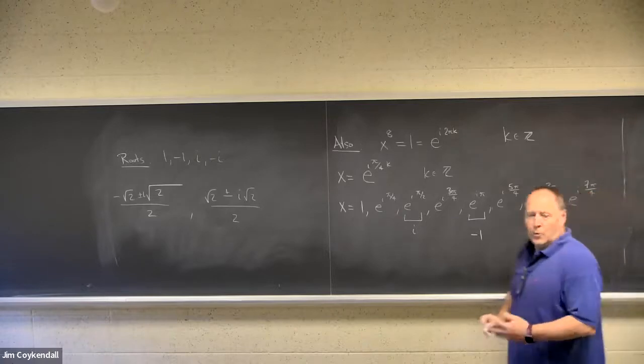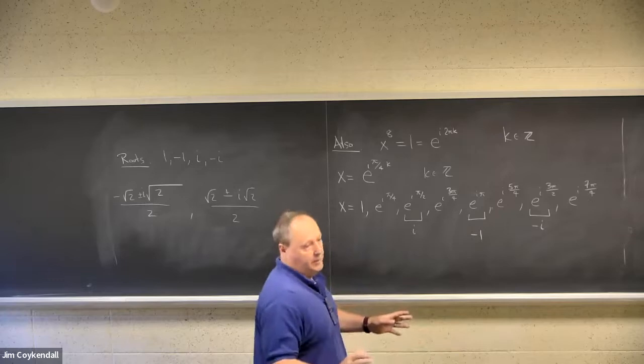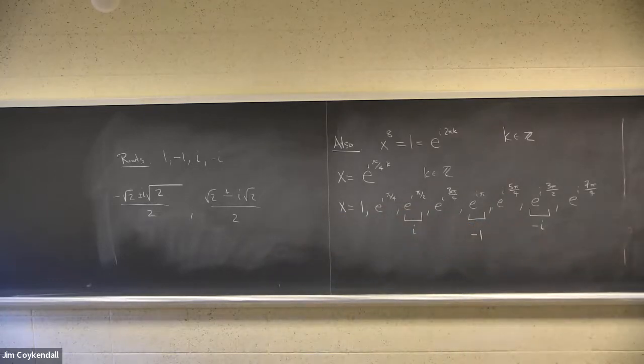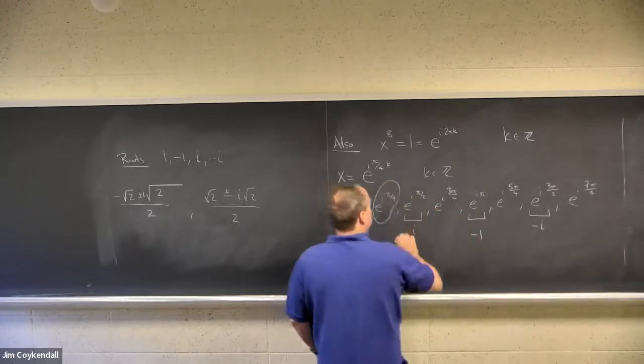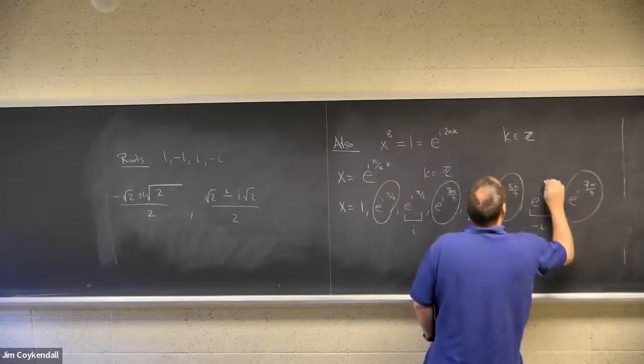Okay. The roots, if I'm going to be able to Galois this, what should I be looking at? If I want to look at the action on the roots. These are the roots.